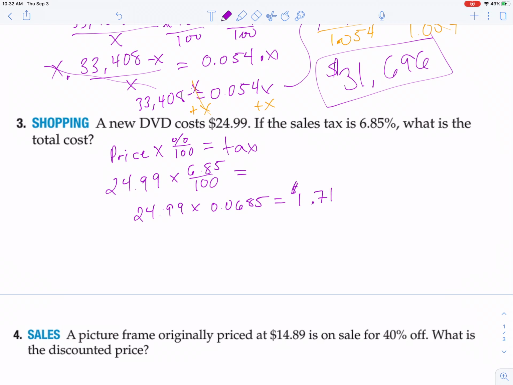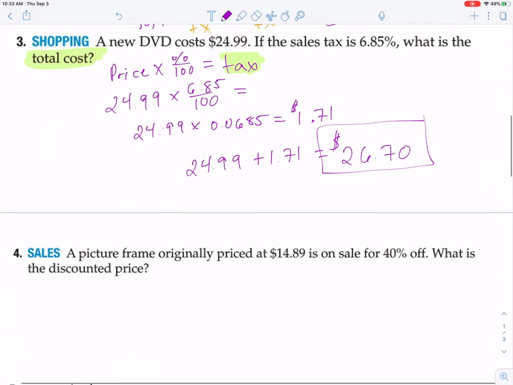Now that was just the tax, right? That was the tax. It wants to know the total cost. So all I'm going to do is take $24.99 and add it to my 1.71, and I'm going to end up with a happy $26.70 as my total answer.